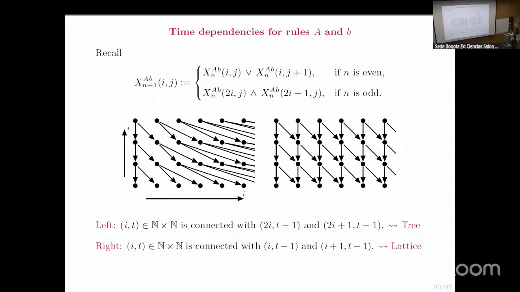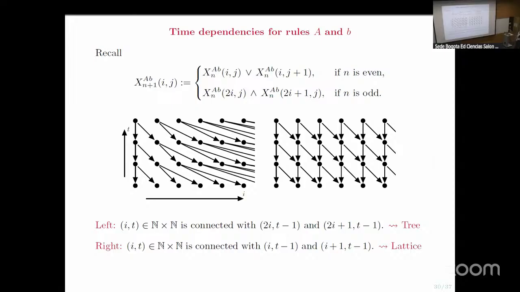Let's take a point a, t. And this point, let's say, is connected with 2i, t minus 1, and 2i plus 1, t minus 1. So what you can see here is that there is no overlap, and then you can see a tree here.